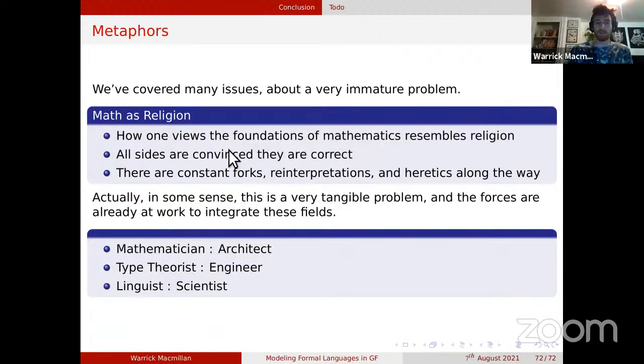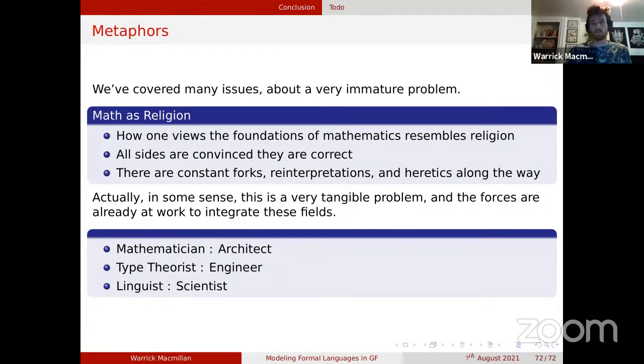So I think that one way of thinking about math is that it's like a religion, and you can ask questions about the philosophy or foundations of maths. Certain people have different perspectives and they're going to evangelize those perspectives because that's what they know and how they think about the world.